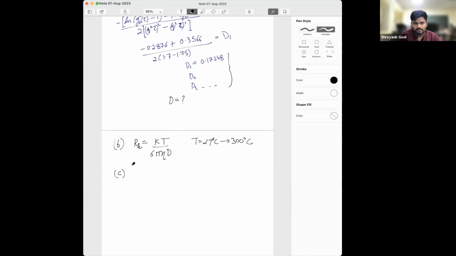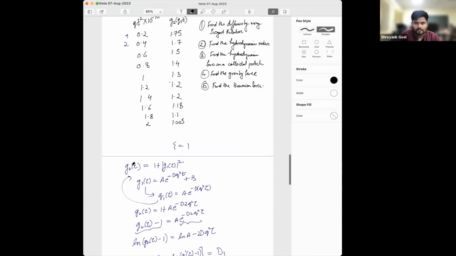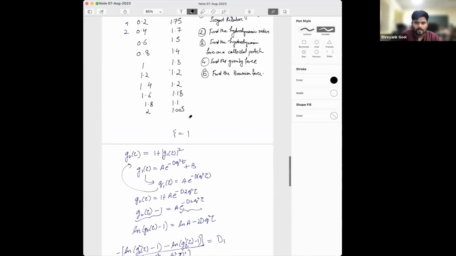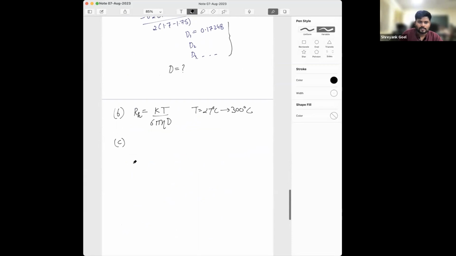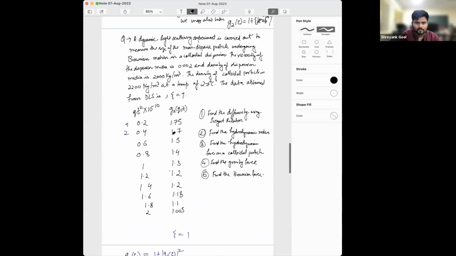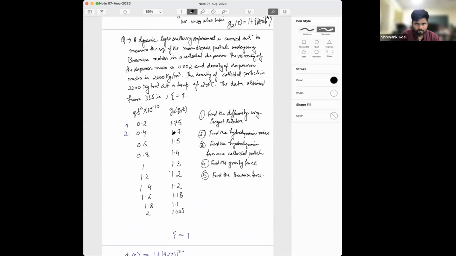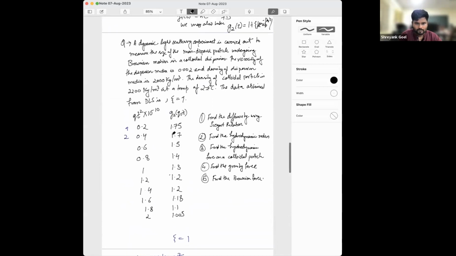Then the third part we need to find is the hydrodynamic force. So that is nothing but 6 pi mu RH into V. So velocity I am not given. Okay, so velocity should be there.